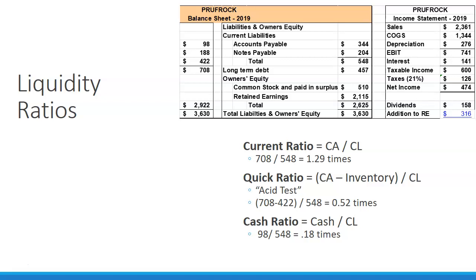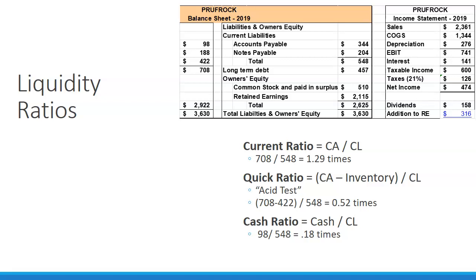What we can see with this company is that our ability to pay our short-term debt, or our current liabilities, is dependent on our ability to move inventory to a certain extent. We don't have full coverage of assets to liabilities unless we are able to sell inventory.